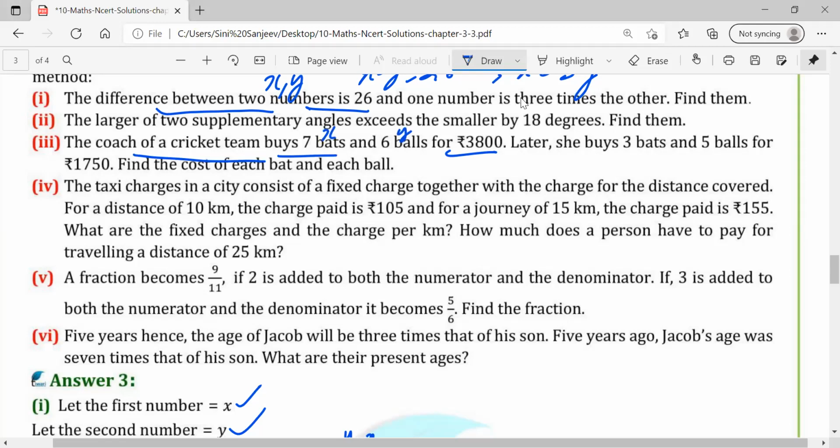Later she buys 3 bats and 5 balls for 1750. So the first equation is 7x plus 6y is equal to 3800, and 3x plus 5y is equal to 1750. They are asking to find the cost of each bat and ball.